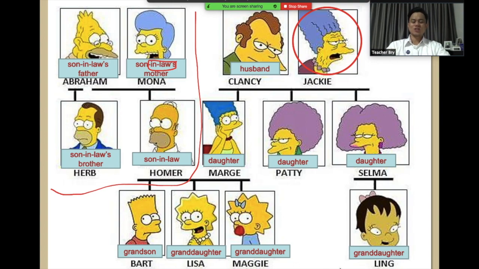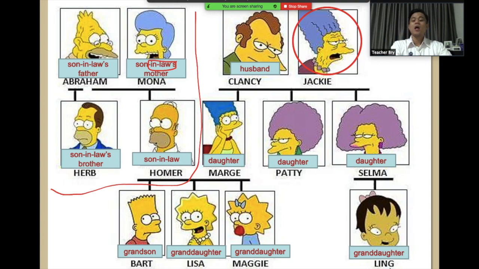So question, take a look at this family tree from Jackie's perspective. How many granddaughters does she have? Right, she got 3 granddaughters. And what are their names? Lisa, Maggie, and Ling.